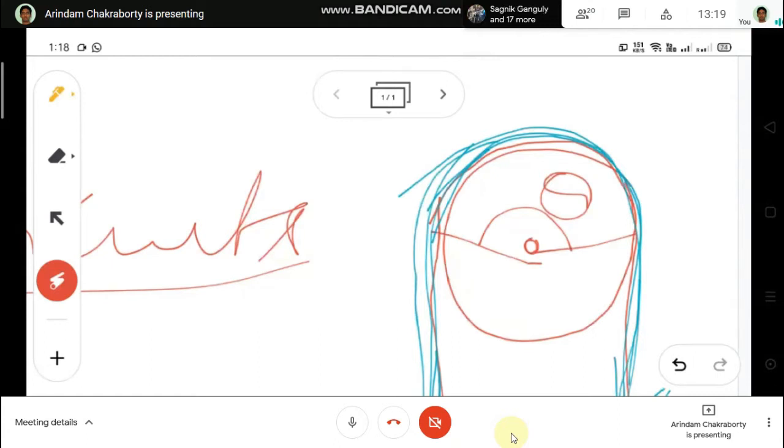So what do you mean by wrap angle? Wrap angle is the angle at which this belt is covered. As you can see, this belt is covered on the pulley at an angle of theta. That means the contact angle between the pulley and the belt is theta, from here to here.